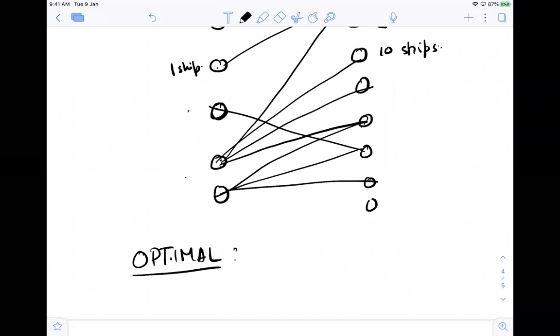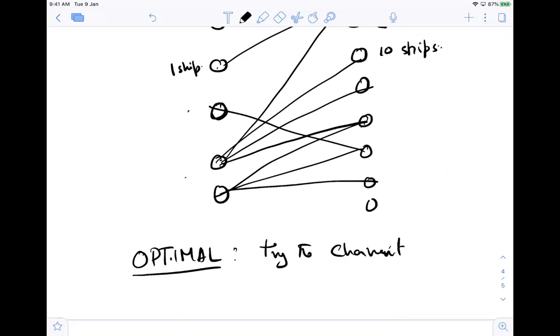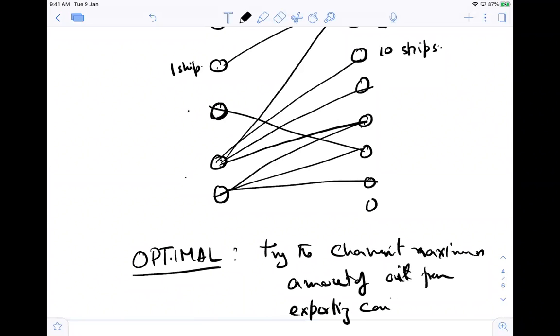Optimal is to try to channel the maximum amount of oil from exporting country to importing country.